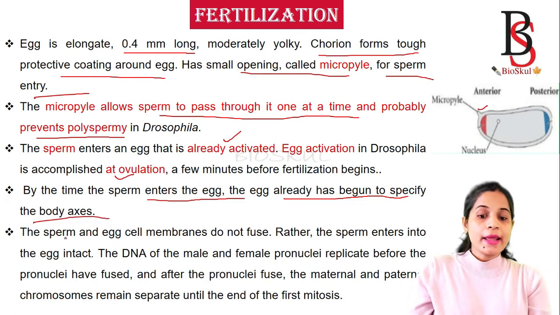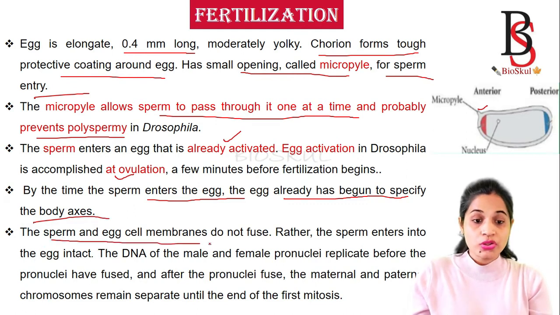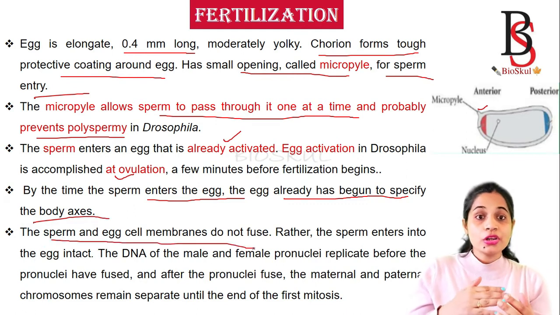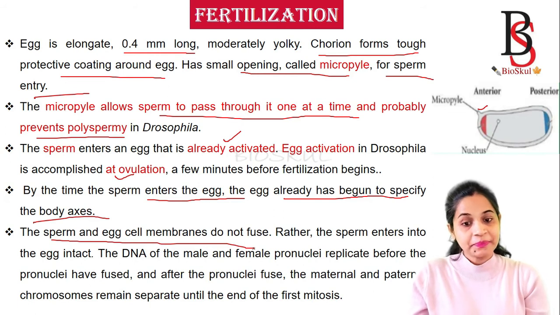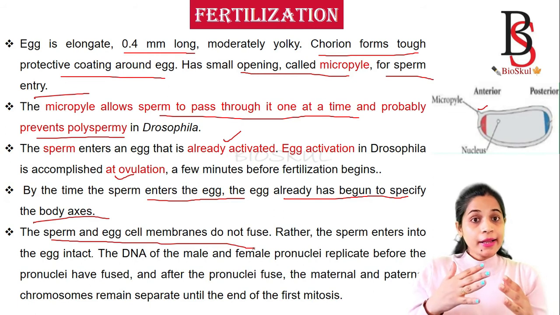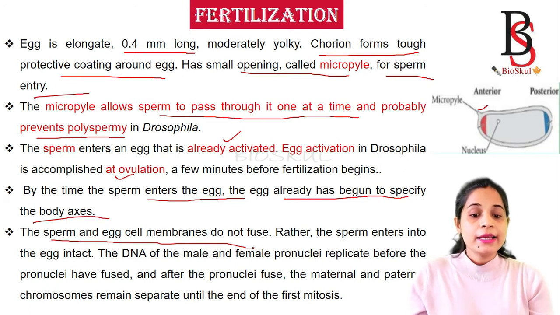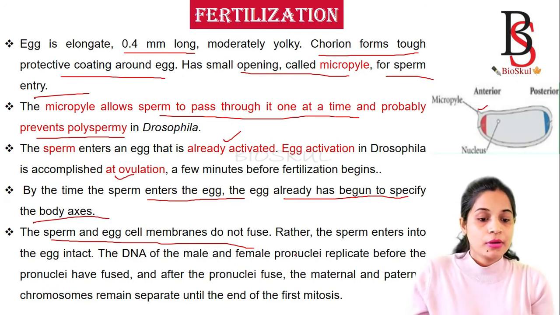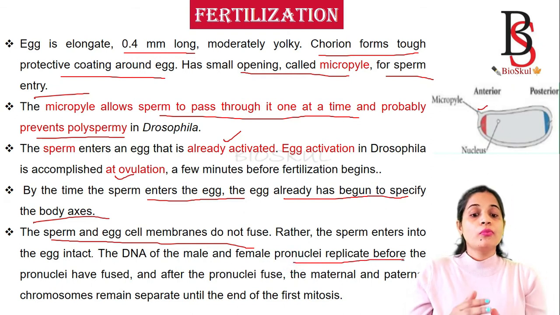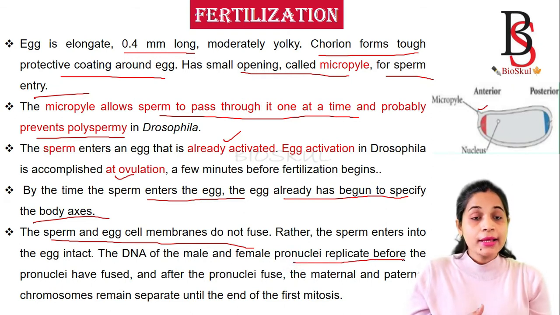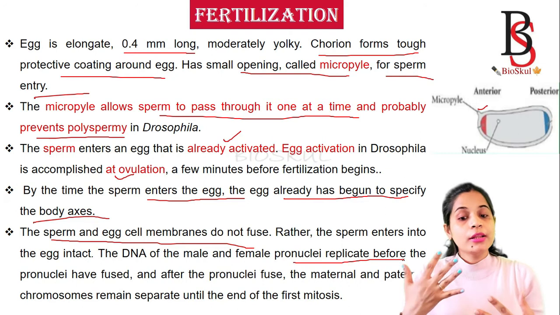The sperm and egg cell membranes do not fuse. Rather, the sperm enters into the egg intact. The DNA of the male and female pronuclei start replicating before they fuse.